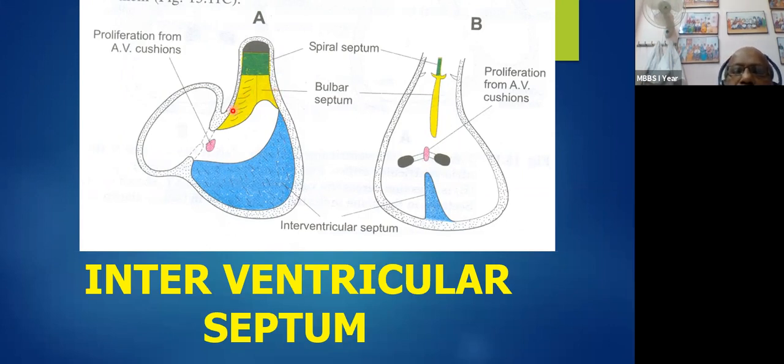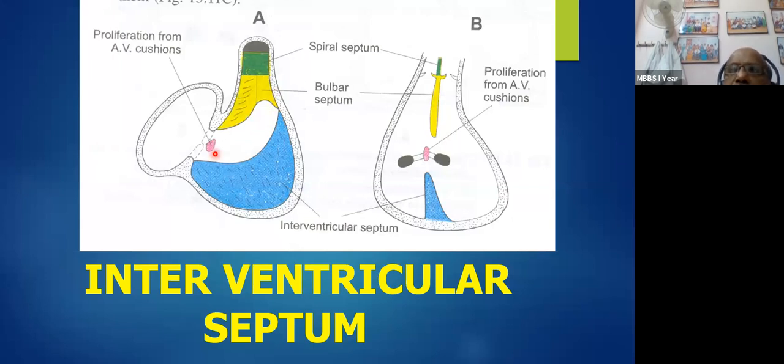The septum separating the two is the bulbar septum. Now you see that your interventricular septum is originating from the floor and going up. The bulbar septum is formed in that conus, so that is slowly coming down. Now the in-between area there is important.